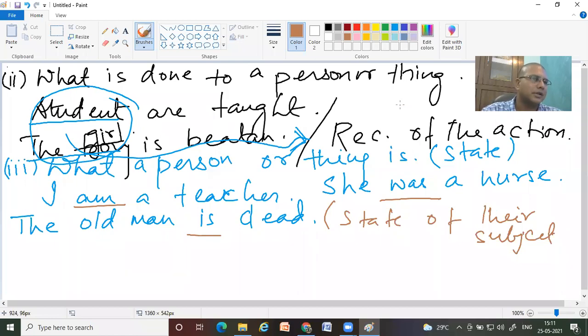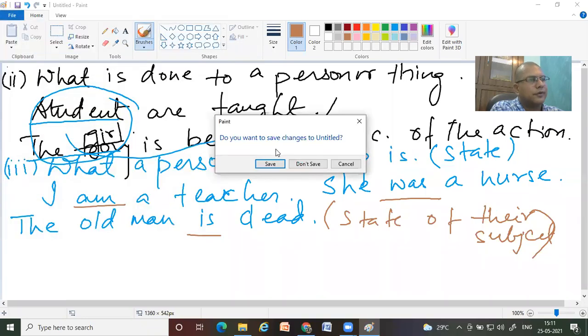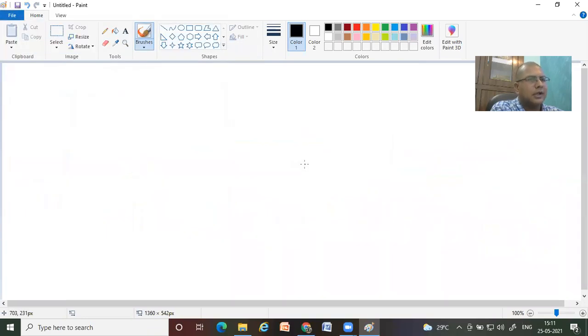These all tell us about the state of their subject, the state of the noun denoted by the subject. I have made a short form: it will be subject or the noun denoted by their subject. Okay. Now, let us get back. The verb tells us only three things. The first one, can anybody tell me?